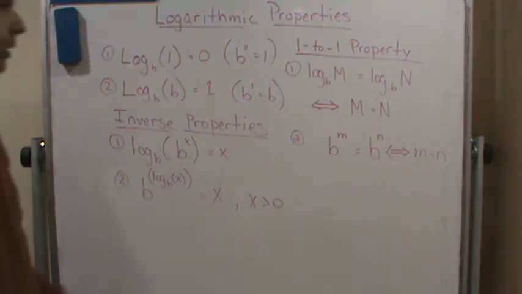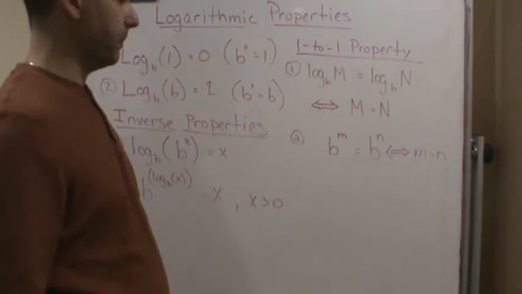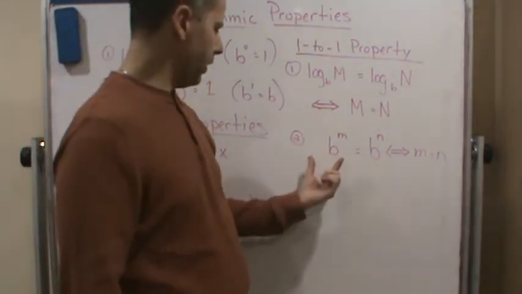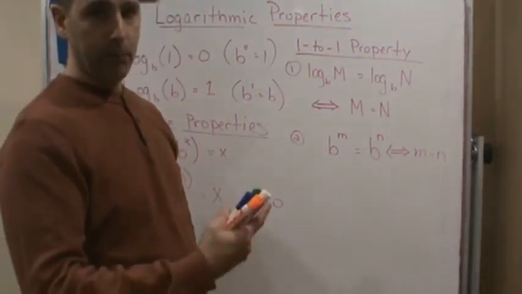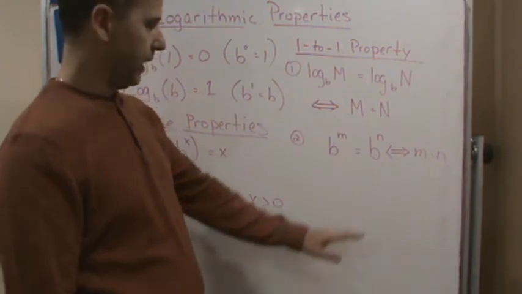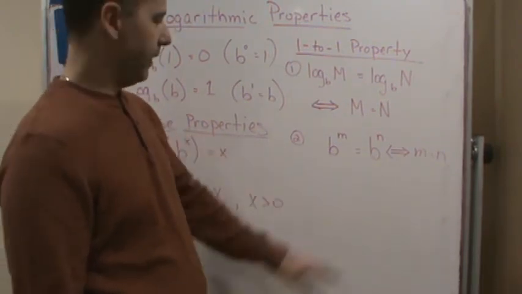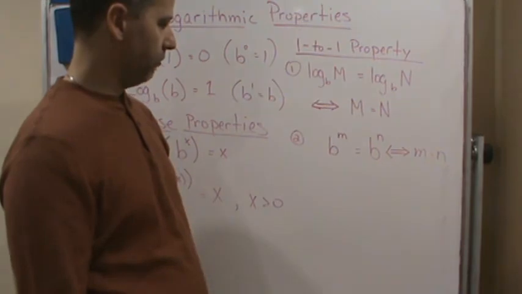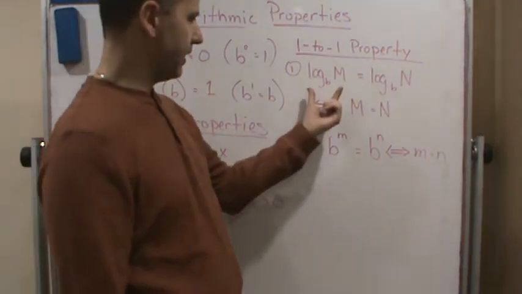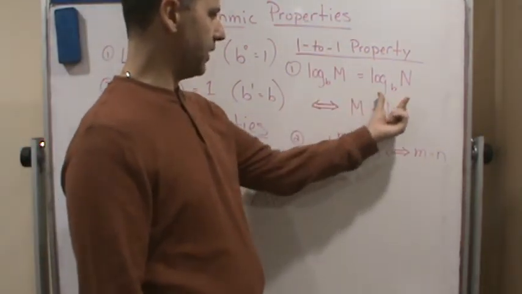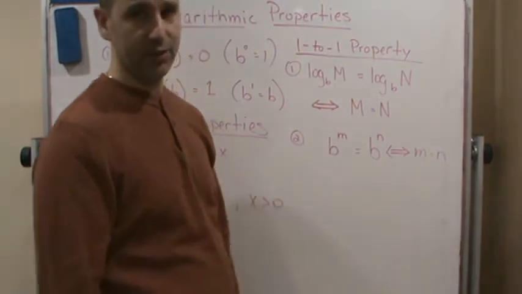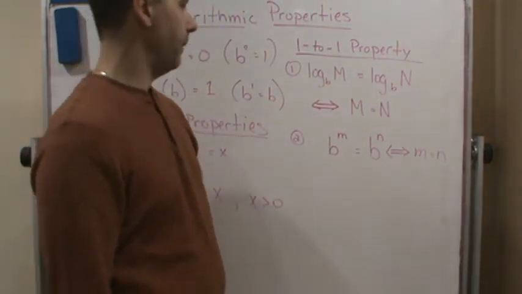And then these two one-to-one properties. In this one, number 2, I threw in there from exponentials because this is one you should know. And these are actually related to each other, right? Because if you take the exponential of both of these, you get this. So they're directly related.